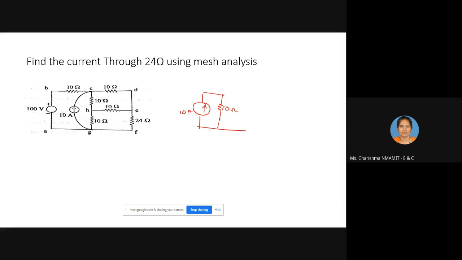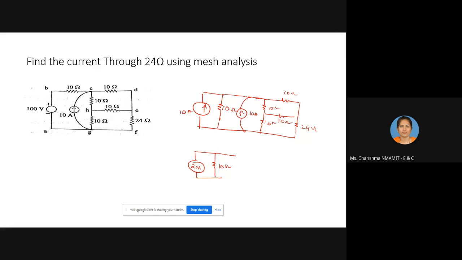Then here you have a 10 amp current source. Now 10 and 10 becomes 20 amps.